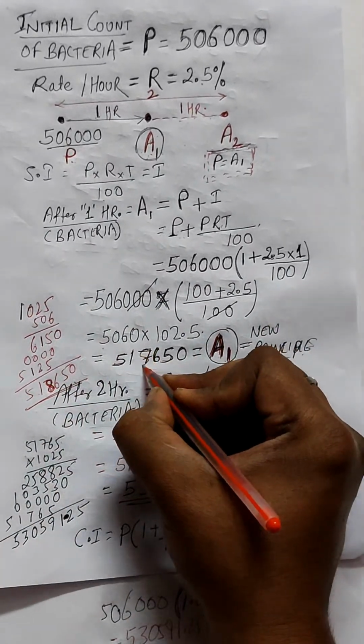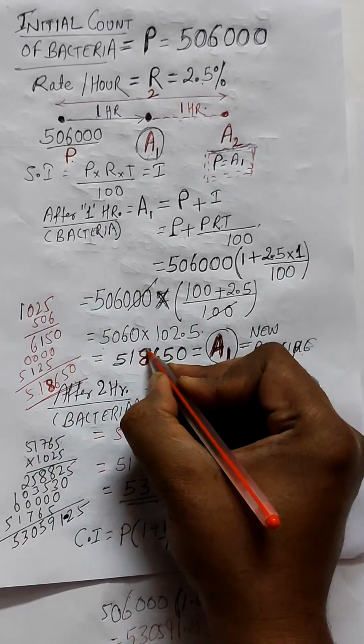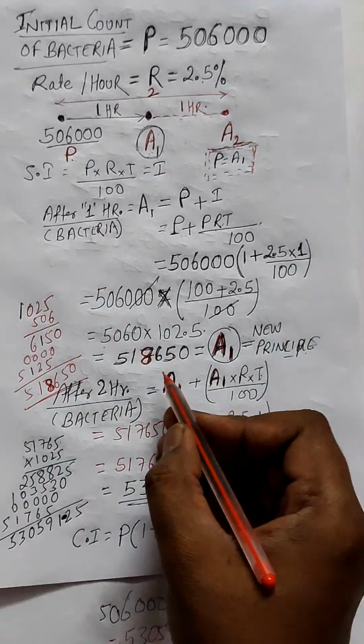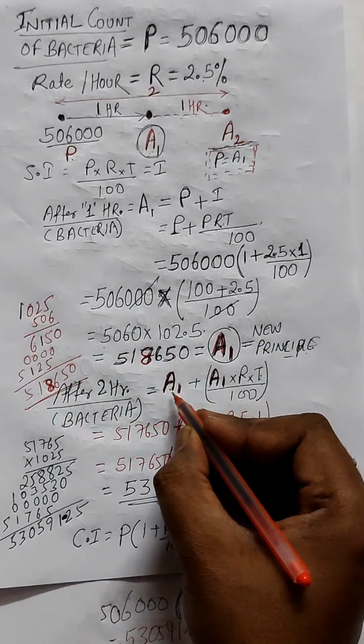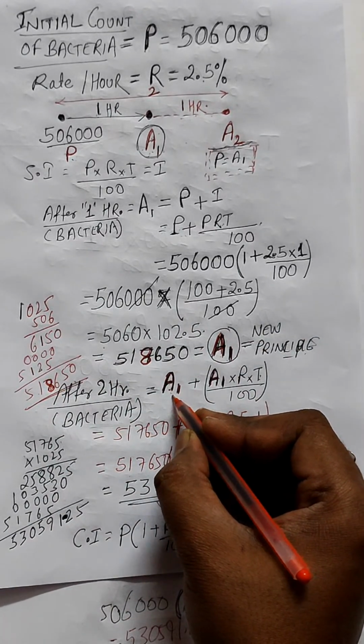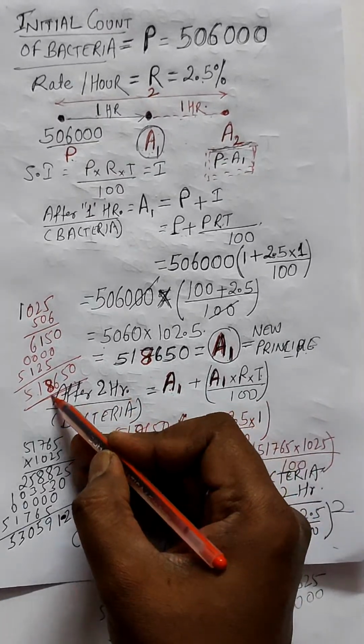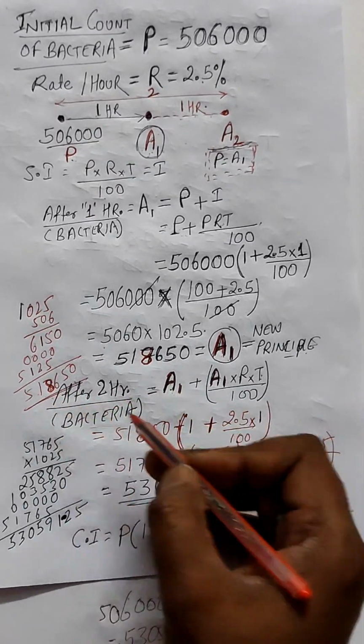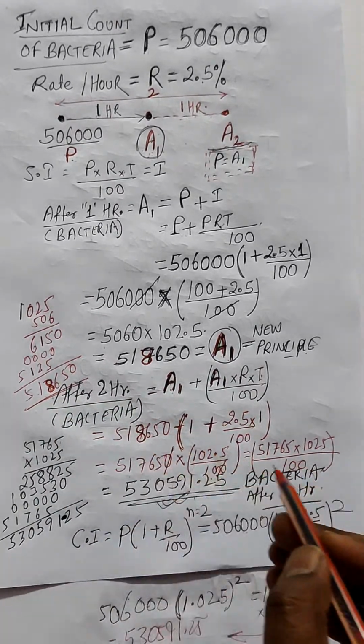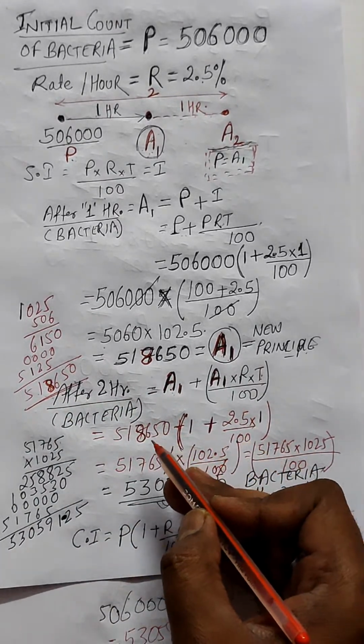This I am correcting. And here the value of A1 will be 518650. So in place of 7 it will be 8. Okay, so here it was a mistake, so we have corrected it, 518650. This is a simple arithmetic calculation that you can check, that is not an issue.